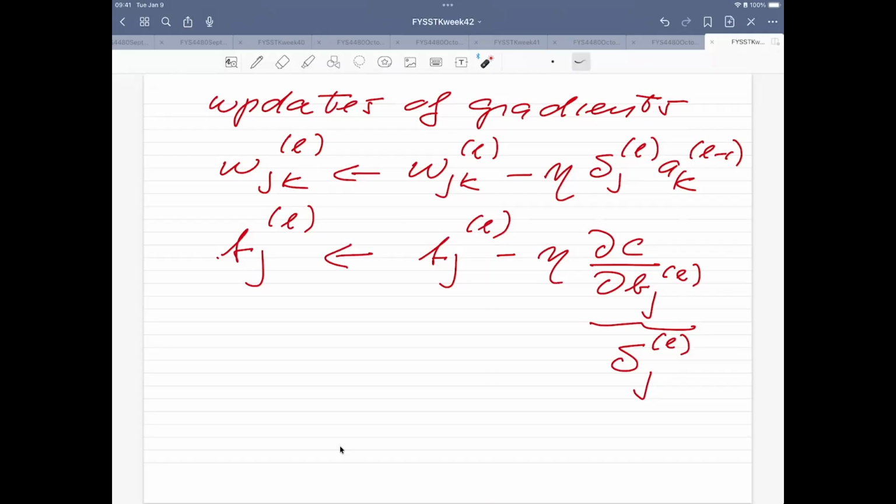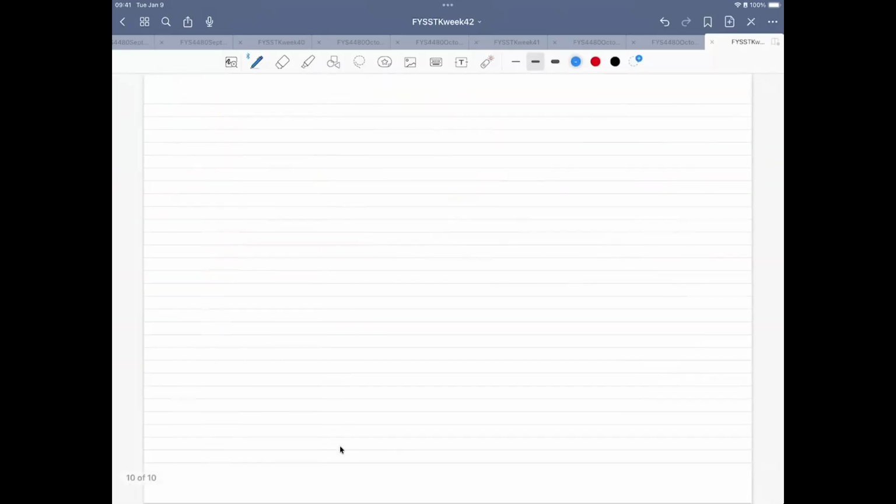Okay? So these are the expressions. This is the backpropagation algorithm, which is nothing but you applying the chain rule again and again. So the algorithm for a neural network, when we are setting that up, is going to look as follows. And after the break, we are going to start writing a code which implements this algorithm.